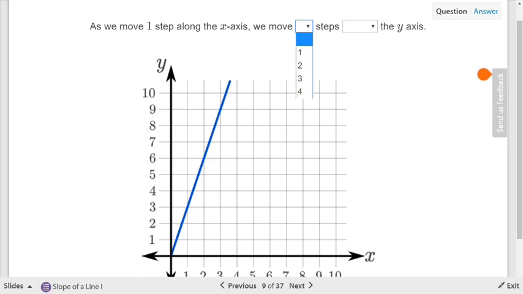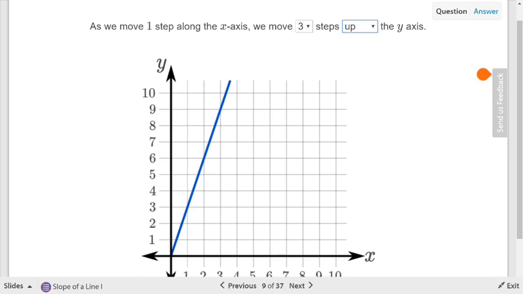So say we have a point here, and then we have a point there. Doesn't really matter as long as they're crossing the grid lines. We go up how many? 3, right? So we're going 3 steps. Make sense?